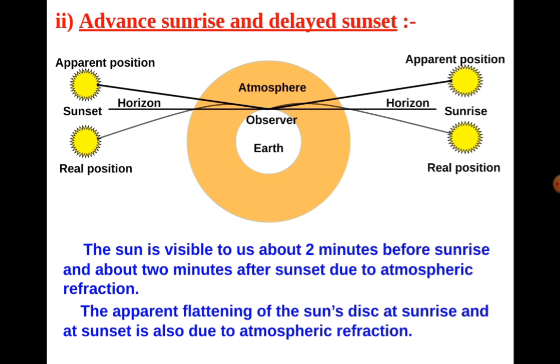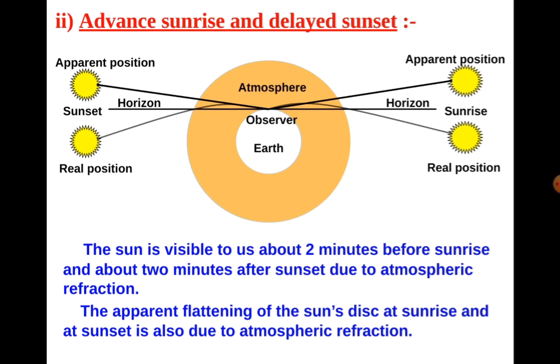But to the observer on the earth, they appear to be coming from a point above the horizon. Right? The visual image of the sun is seen above the horizon. Due to atmospheric refraction, the sun becomes visible 2 minutes before its actual sunrise.